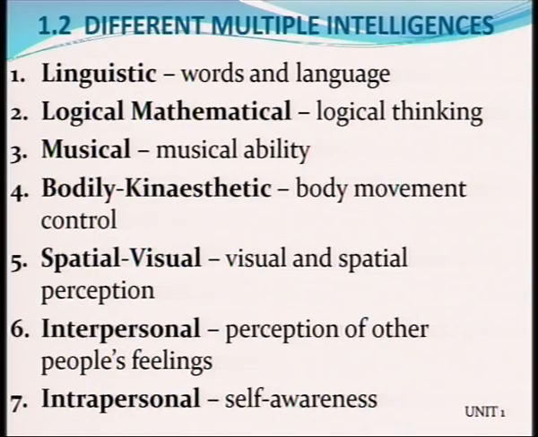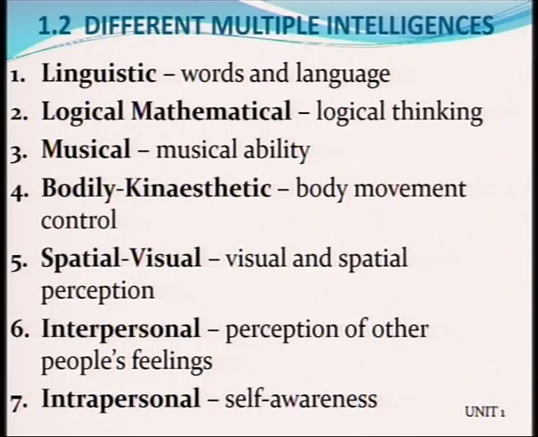Gardner described 7 different intelligences, namely the linguistic, which refers to words and language; the logical-mathematical, which is logical thinking; musical, which is that person's musical ability; bodily-kinesthetic, which means body movement and control; spatial-visual, which is the visual and spatial perception; interpersonal, which is the perception of other people's feelings; and intrapersonal, which is self-awareness. Okay.